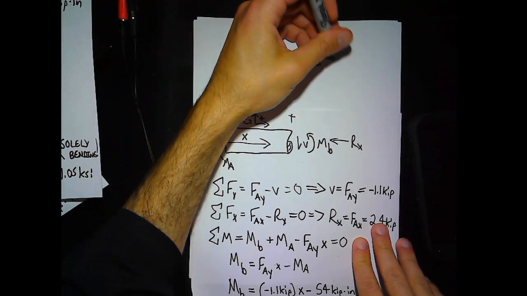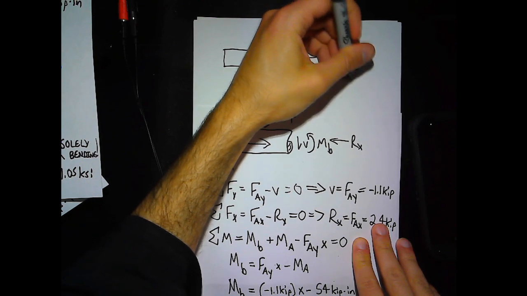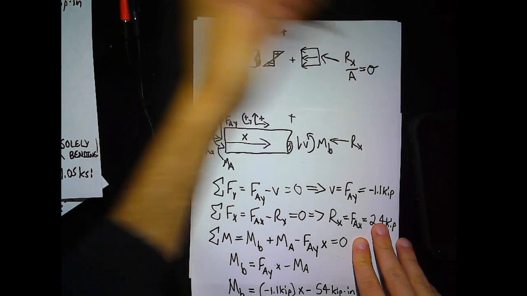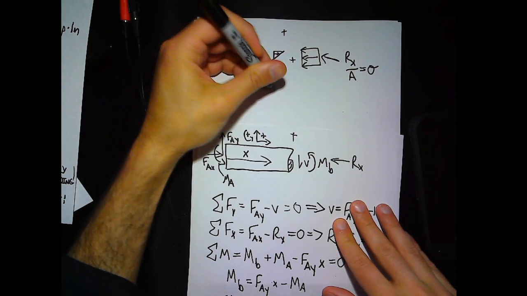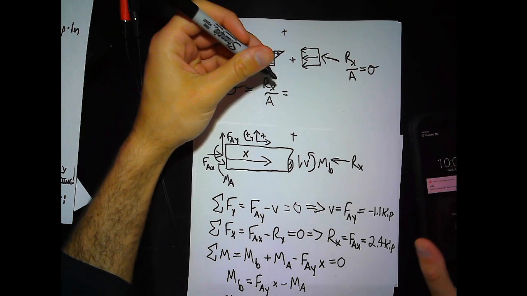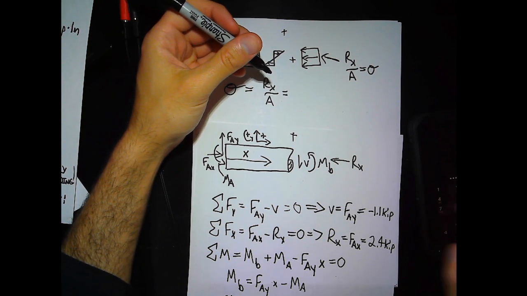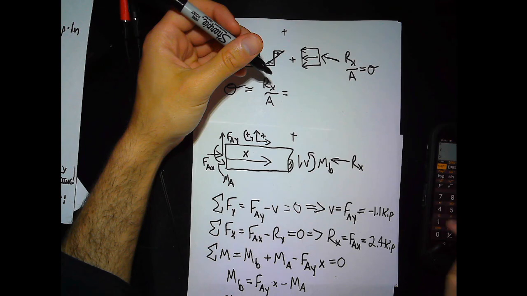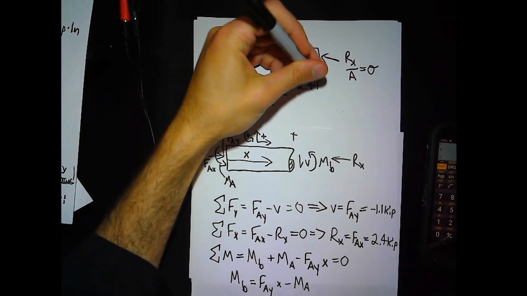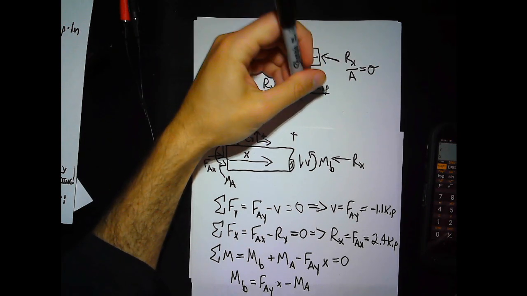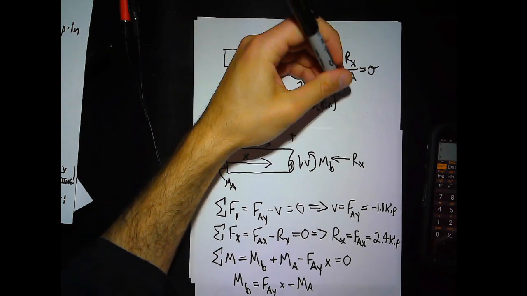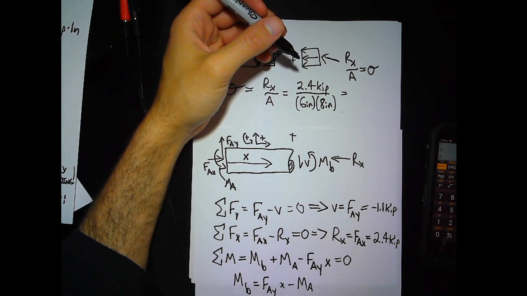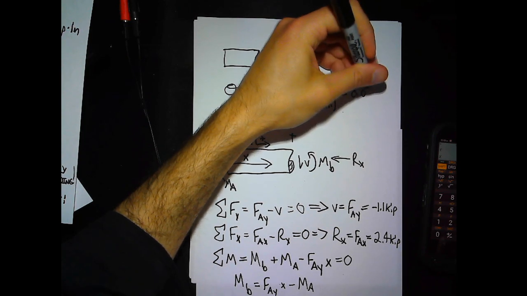So I get this just by Rx over A. So sigma equals Rx over A. That equals 2.4 kips over an area of 6 inches times 8 inches, or 48 inches squared, which gets me 0.05 KSI.